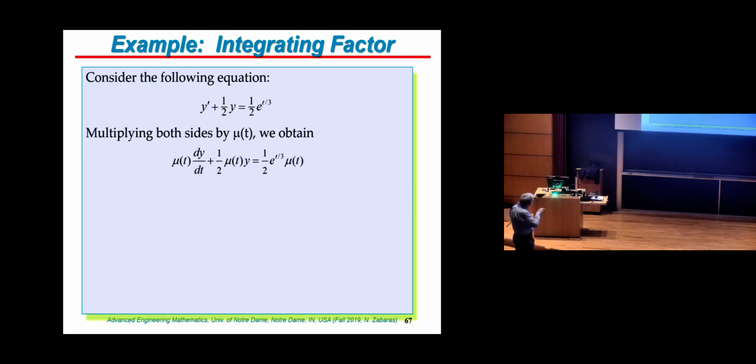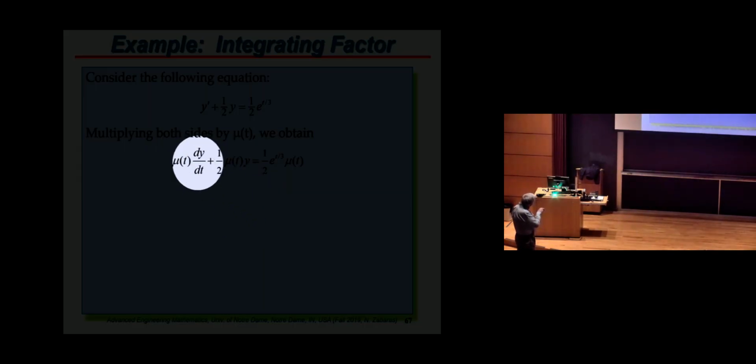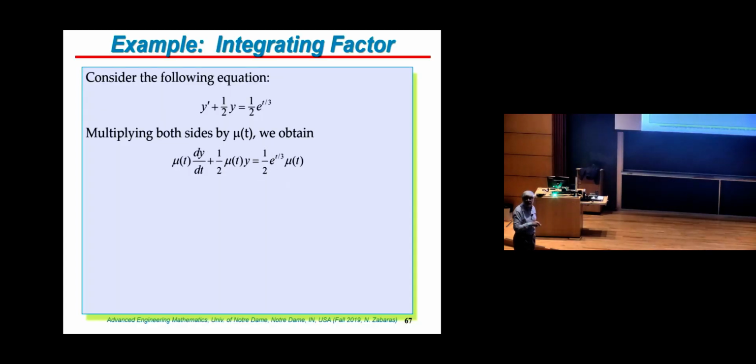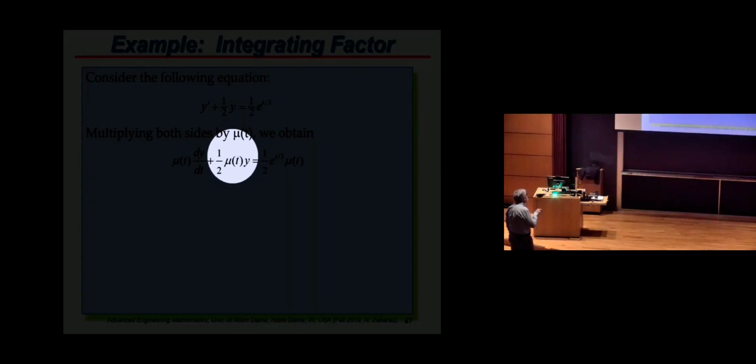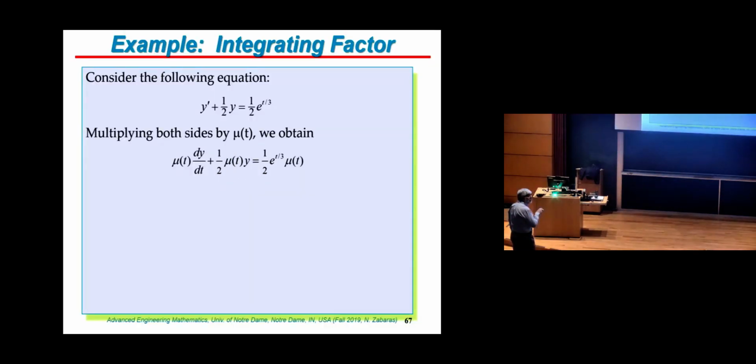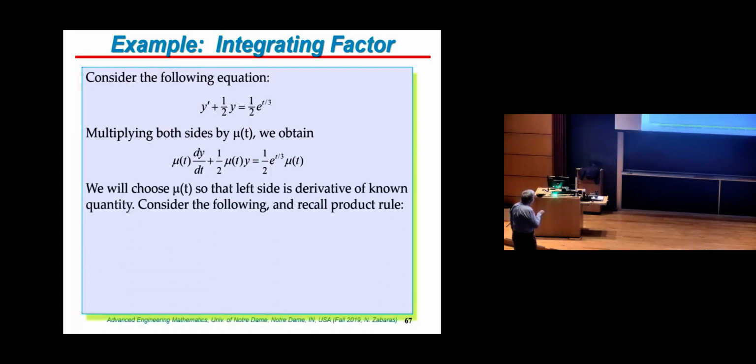So can you make the left-hand side, mu times dy/dt plus the derivative of mu times y, the derivative of the product of two functions? To be able to do that, the derivative of mu has to be equal to what? Mu over 2, right? So if you take mu prime to be mu over 2, then effectively this is what I'm going to use.